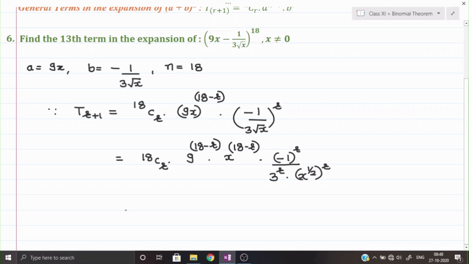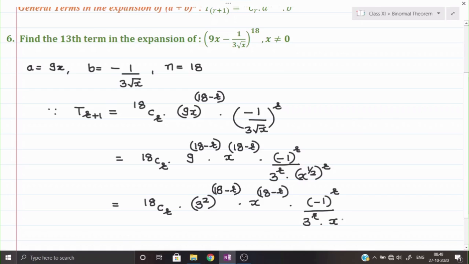Okay, now further 18CR will be as it is, into 9, I am writing here 3 to the power 2 whole power 18 minus r, into x to the power 18 minus r, then into minus 1 to the power r upon 3 to the power r into x to the power r by 2.